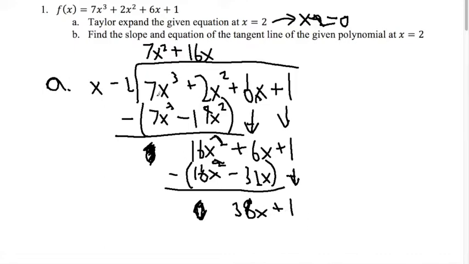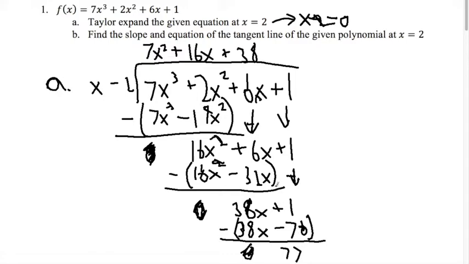Then we do the same process one more time, and of course, 38 times x is 38x, so we add 38 up there, and then subtract 38x minus 76. Keep in mind this is 38, once you distribute the negative, this is 0, so we ignore it once again, and this is 77.